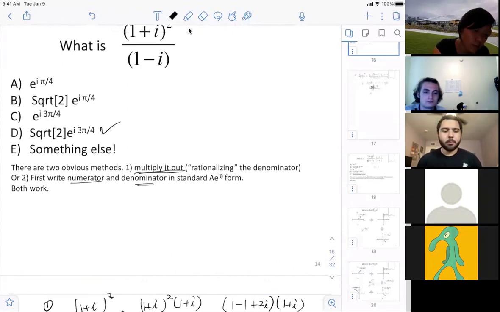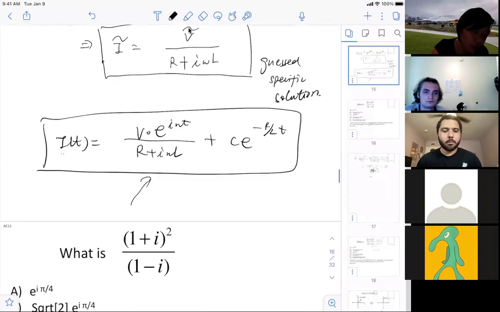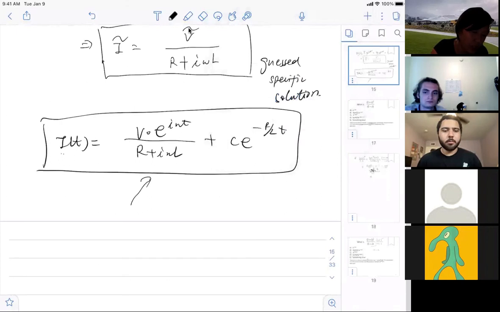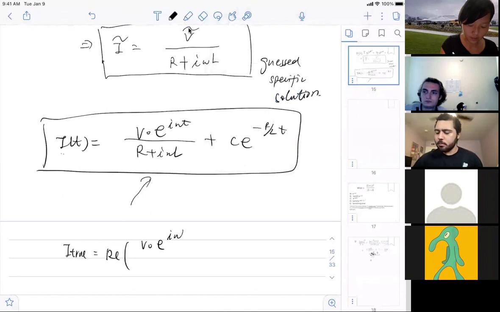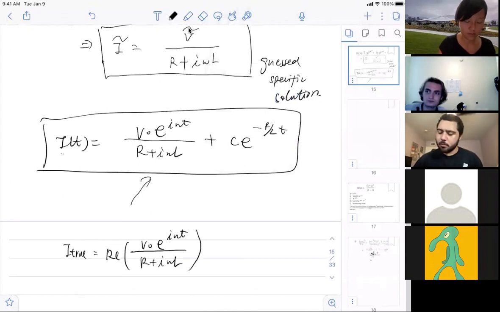Very good. So we're going to use this method to help us find the real current. In the process of finding the real current, we need to know the true current as the real part of this. Again, you can use both of those methods to find your real current.